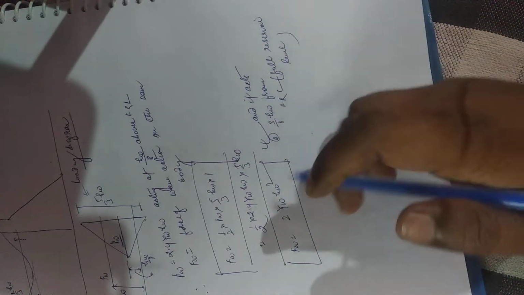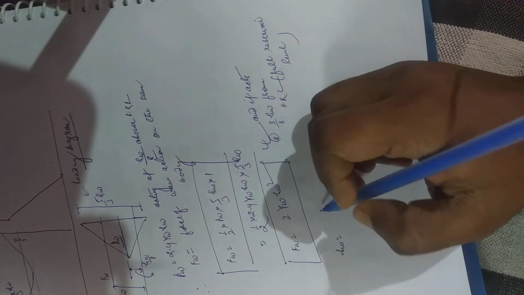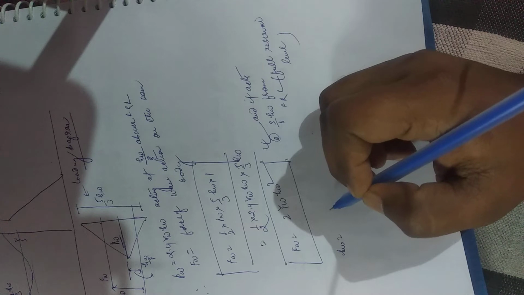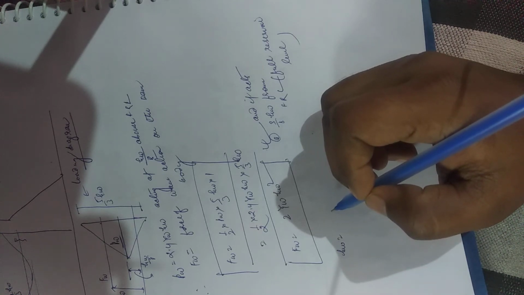Here SW is what? Height of the wave, and it depends upon the V and F. V is what? The velocity of wind, and F is what? The length of fetch.